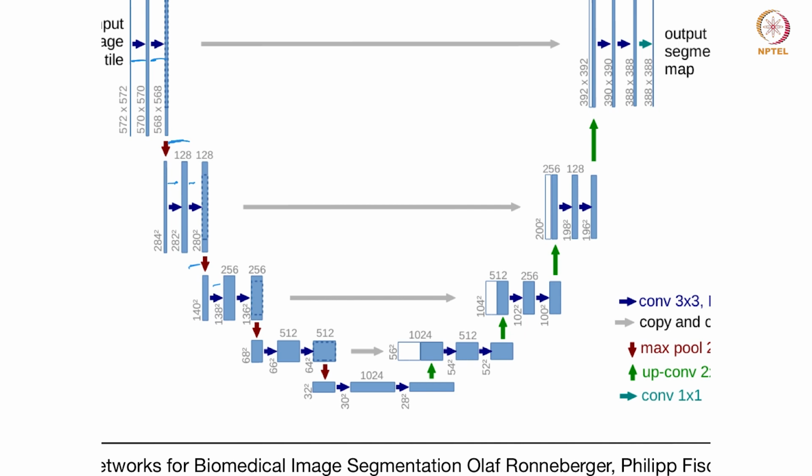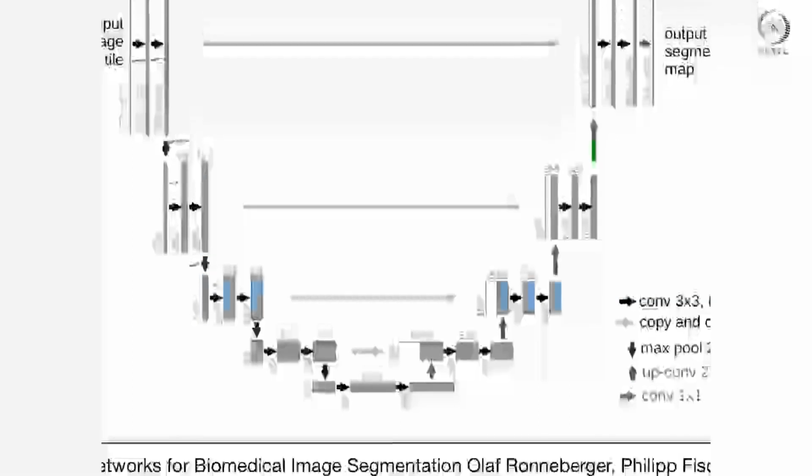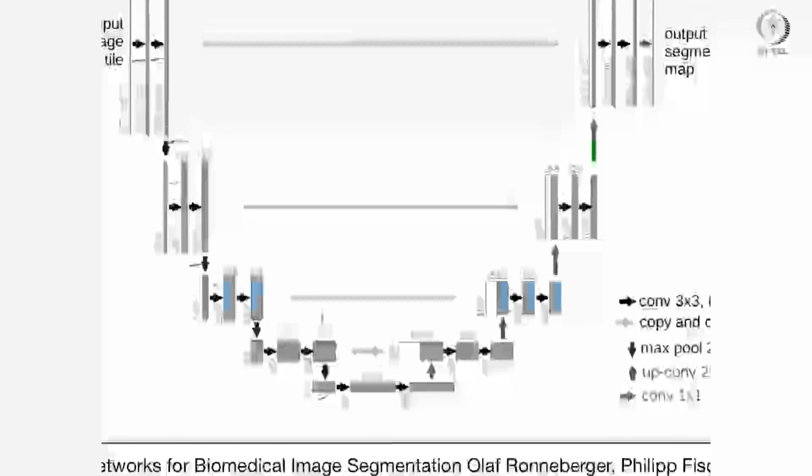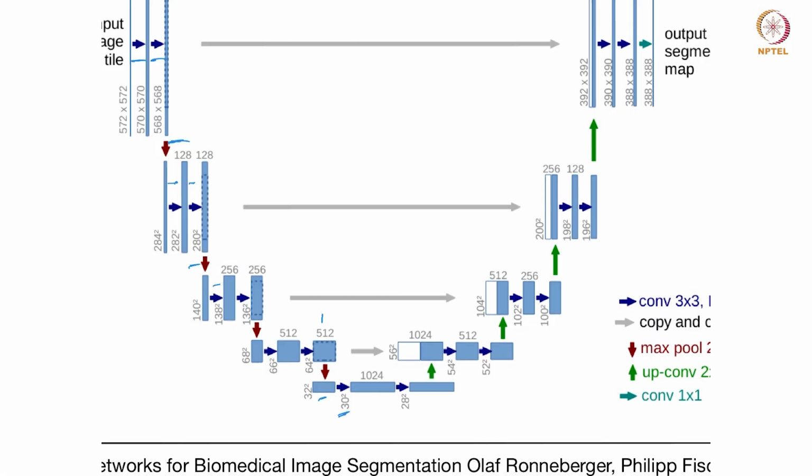Once you come to a certain point, in this case, you will see 512 feature maps, 64 squared, you have a downsampling to 32 squared. The size of the feature map again is 32 squared. Then you have a 3 cross 3 convolution which gets you 30 squared, 1024 of them. And then you have a 28 squared feature map here.